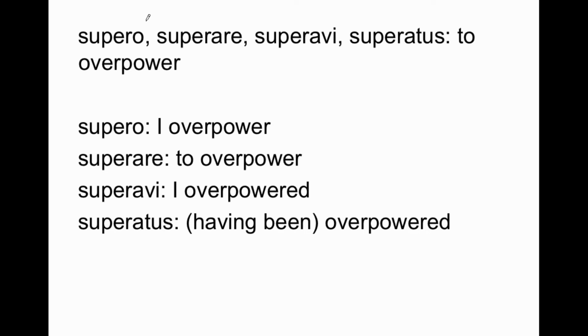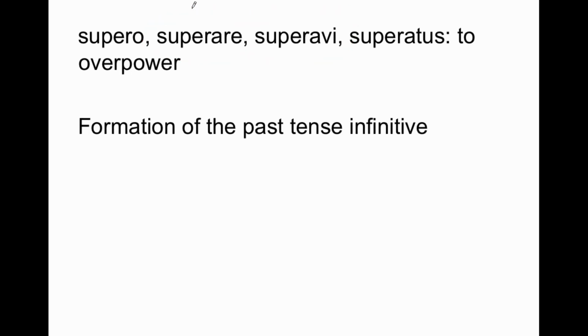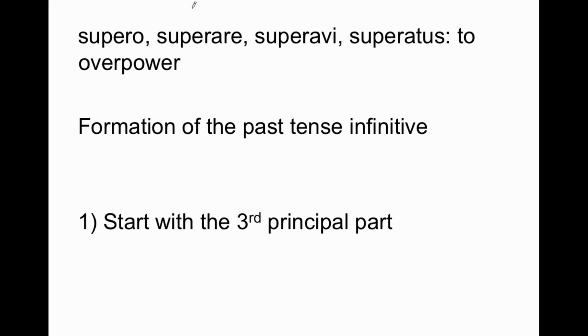And in order to form the perfect tense infinitive, we're going to need to actually use this form. If we need the present tense infinitive, it's right here. Okay, so the formation of the past tense infinitive. We start with the third principal part, superavi.